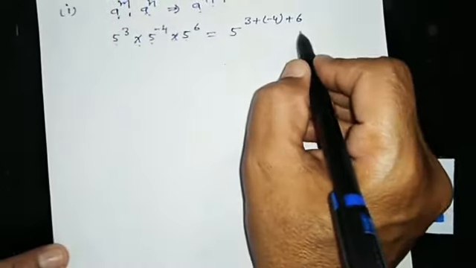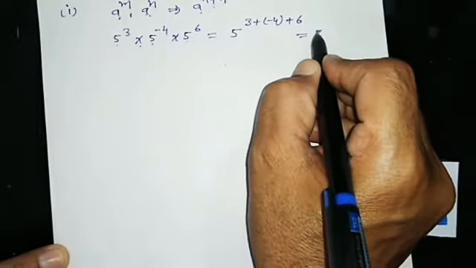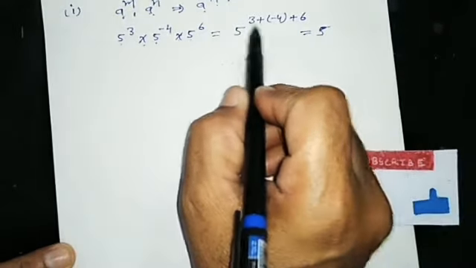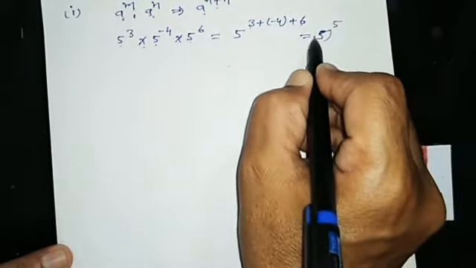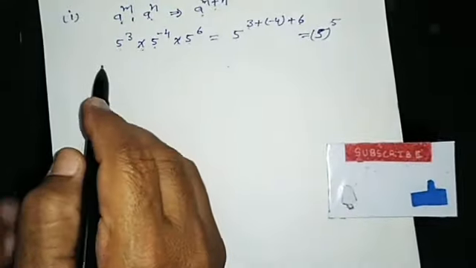So this would be base 5 and power 3 plus 4 plus 6, that is 5 power 13. Okay, so this is the operation.